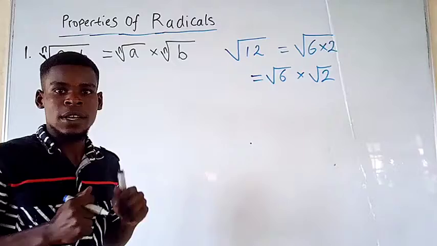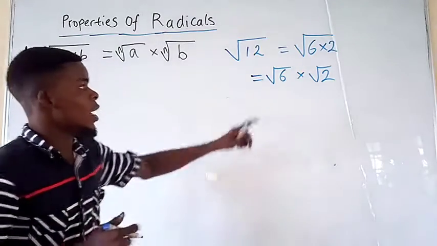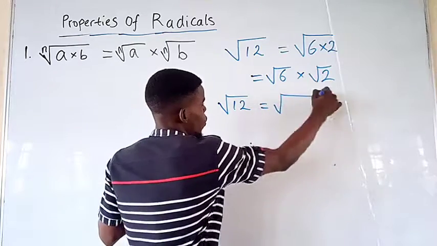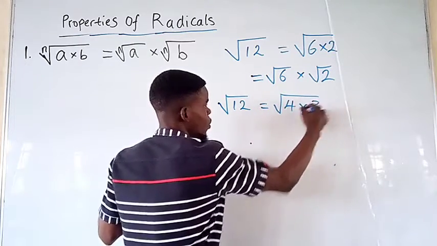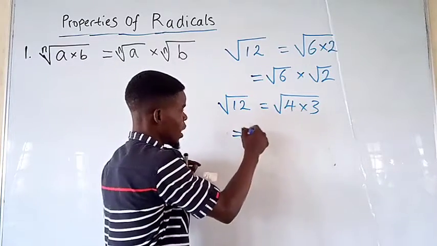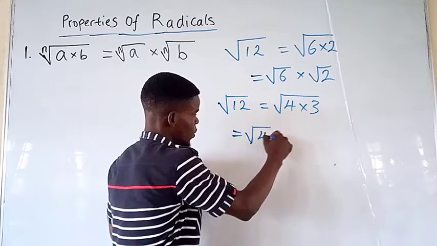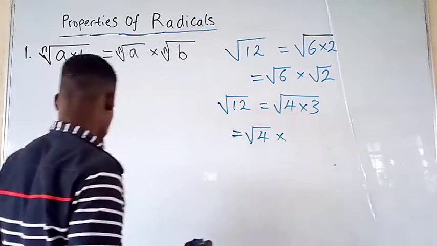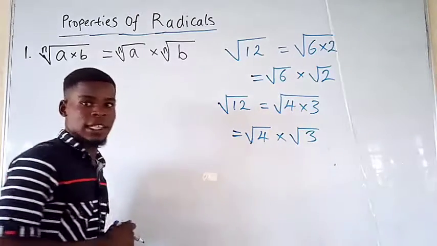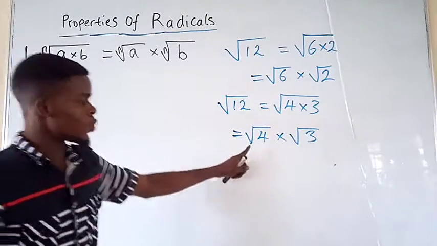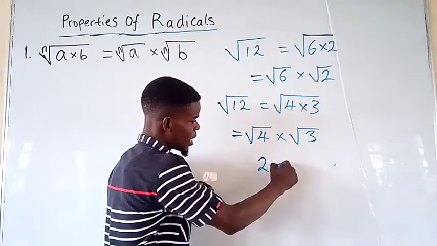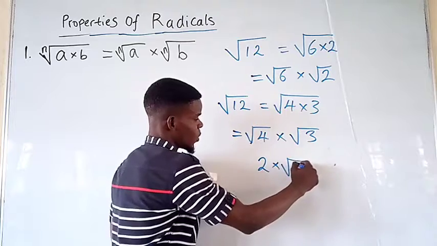Okay, we can also choose to take the square root of 12 and view it as the square root of 4 times 3. So we can split this into the square root of 4 times the square root of 3, alright? Now, the square root of 4 is the positive result 2, times the square root of 3.